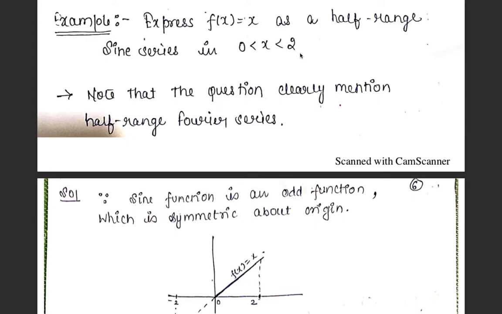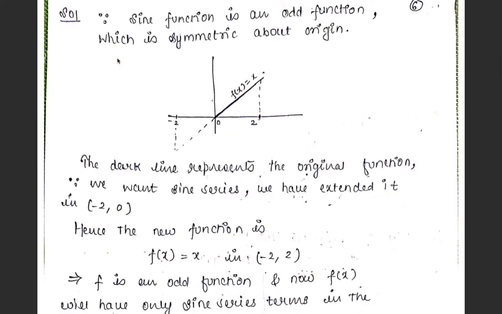Let us see how. Since we have to convert it into a sine series and sine is an odd function, we are going to use the property of odd function. Let me explain it again. This is the given function f of x is equal to x in the interval 0 to 2, and since we want Fourier half range sine series and sine is an odd function, we are using the property of odd function which says that the graph of an odd function is always symmetric about origin.